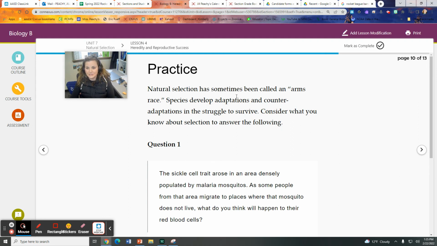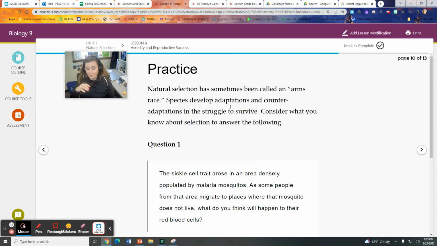It says natural selection has sometimes been called an arms race. Species develop adaptations and counter adaptations in the struggle to survive. Consider what you know about natural selection, and answer the following questions. So just think about adaptation or natural selection as being what characteristics are best fit for survival.